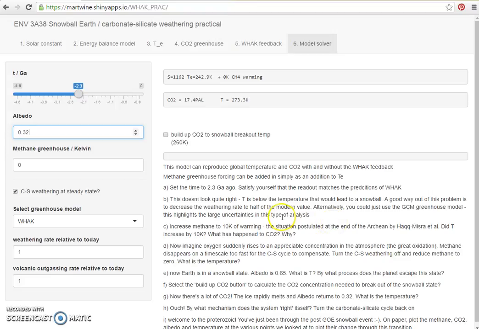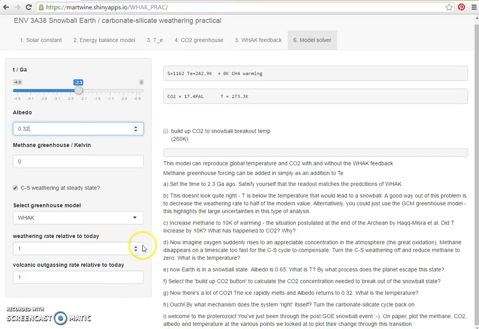So a good way to solve that, and there are a number of different options, is to reduce the weathering to approximately half of what it is today, on the basis that we didn't have land plants at this time in Earth history, and therefore if there's any biological enhancement of weathering, it might be between a factor of 2 and 10. So if we reduce the weathering rate, then we get some kind of realistic looking temperature, potentially chilly, but not frozen over.